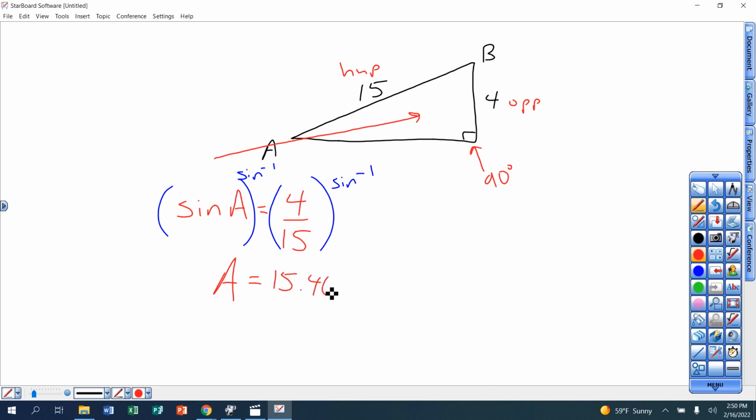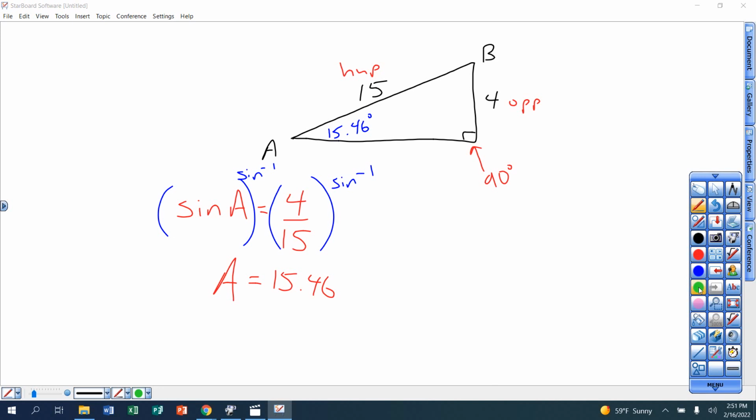And with that angle, ladies, technically, you have everything you need to find the other angle. Because remember, this is a 90-degree triangle. So if I know this is 15.46 and this is 90, would you be able to do math without trig to find that angle? Yeah. Because you've got to be able to do that, right?